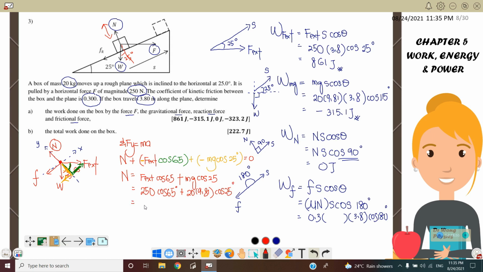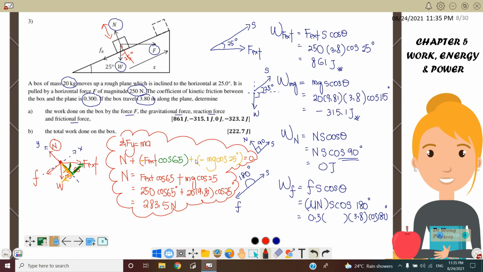So finally, our normal force is 283.5 Newton. This part is from chapter 4, where you need to use the resultant force to find the normal force, so you must go back to chapter 4.